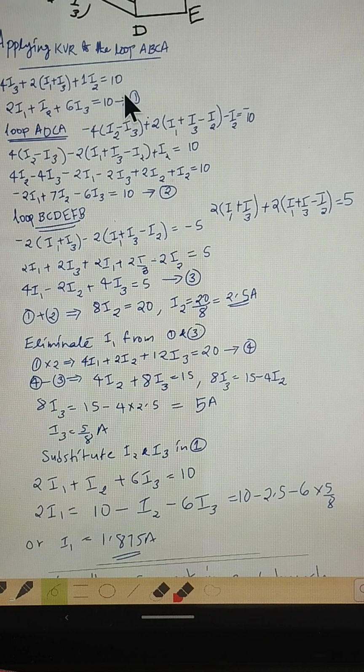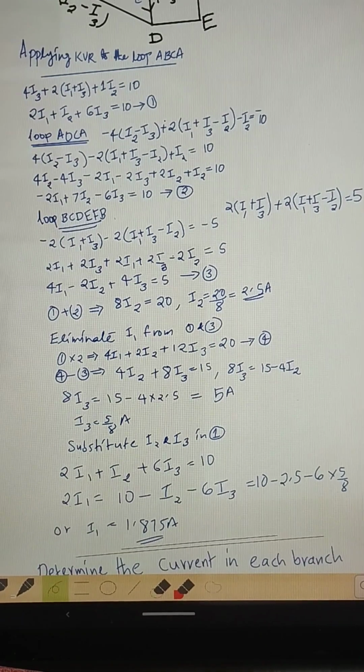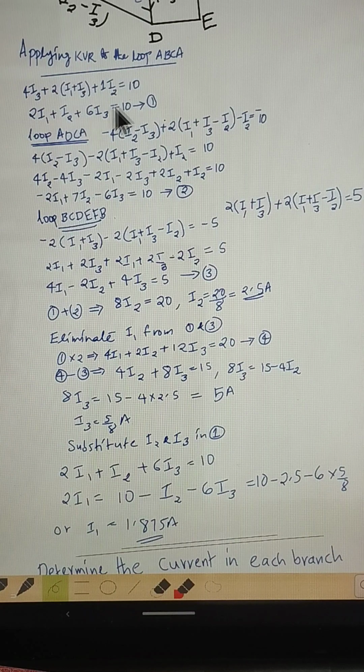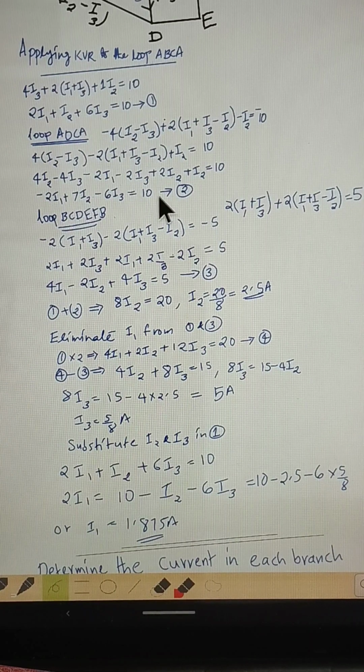First equation, then second equation: equation 1, equation 2 and equation 3. Now comparing 1 and 2, here we have 2I1 and minus 2I1. If we add 1 and 2, the I1 terms will be eliminated.